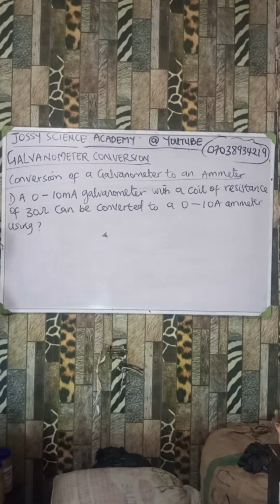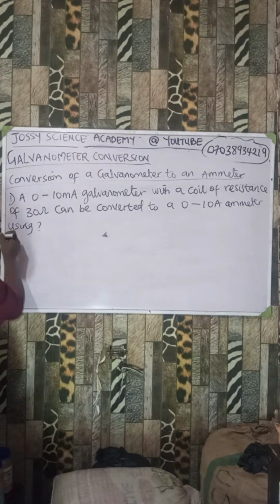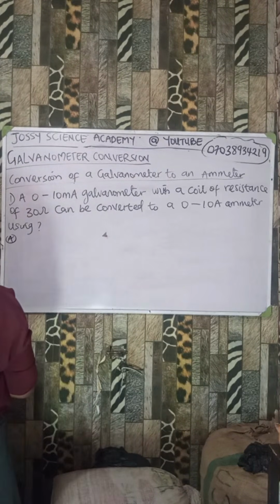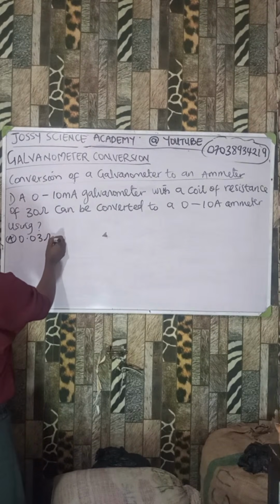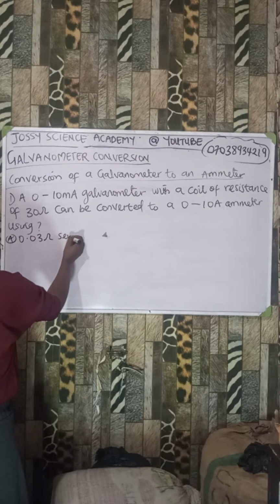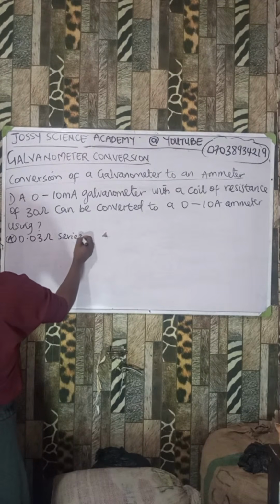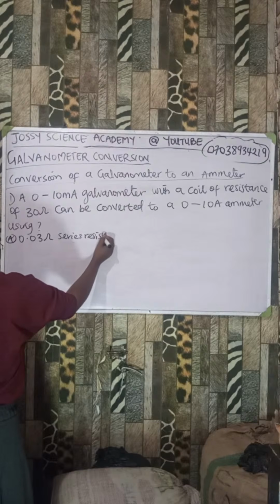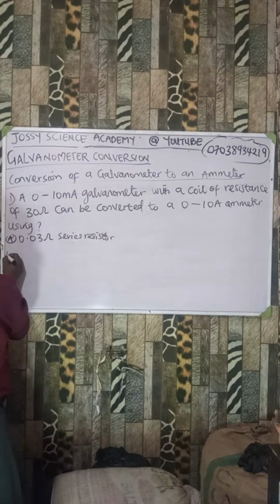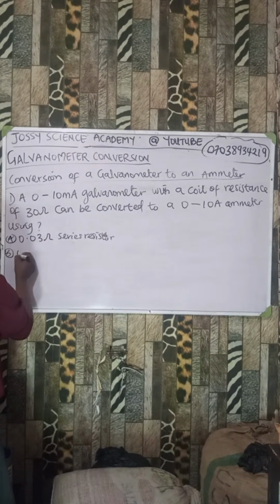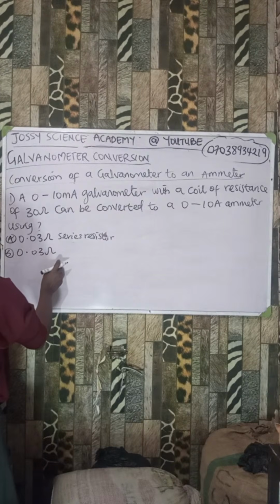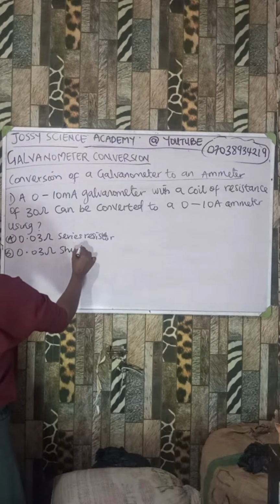So I have the following options. Option A, 0.03 ohm series resistor. Option B, 0.03 ohm shunt resistor.